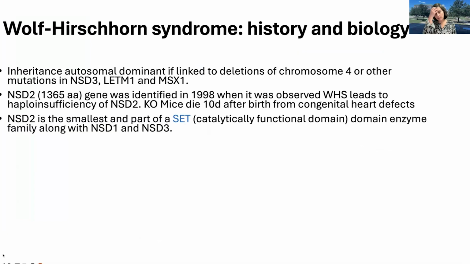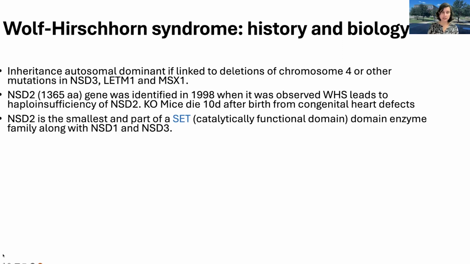All right, so a little bit of history. This is biological, so it's a little more language specific to biology, but for this syndrome, the gene was discovered in 1998, so it's been observed in the case report literature.